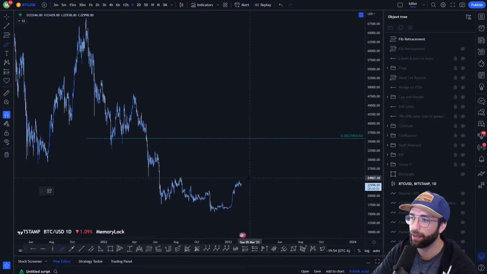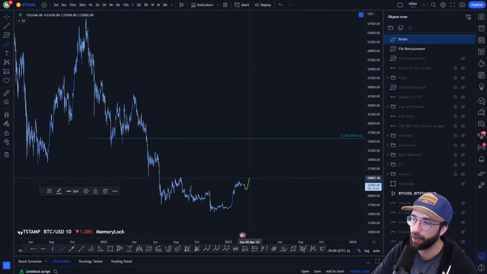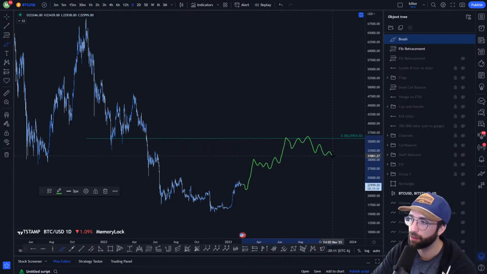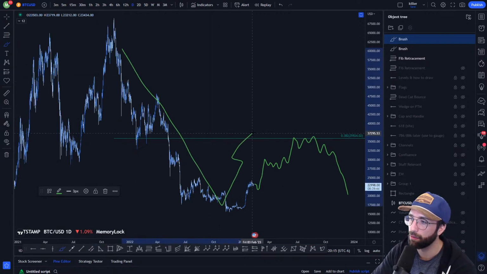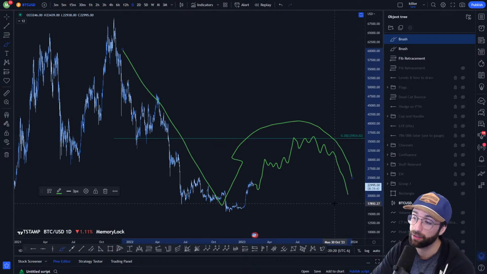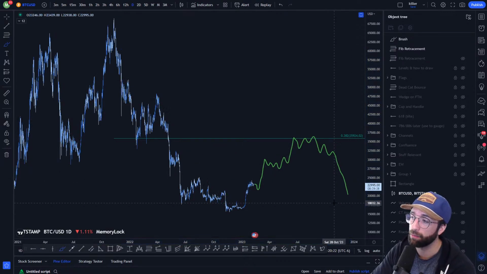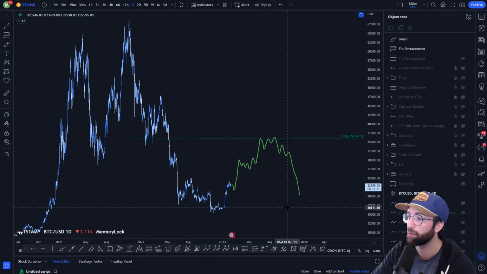Now, if price were to, let's say, come down, break up, get into this range here, put in a period of consolidation, break up to the upside again, get here, and kind of do something like this, well, then this would be classed as a dead cat bounce, right? Which is perfect for bear market rallies in this case, right?